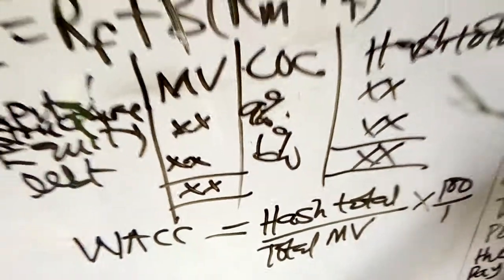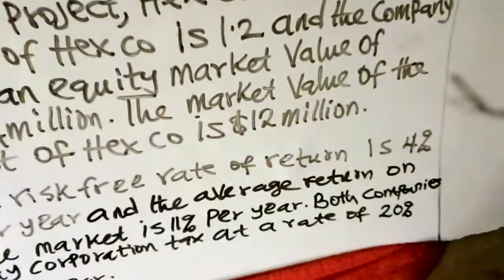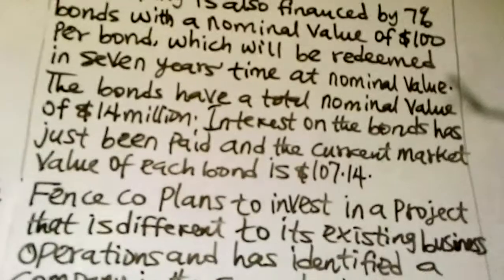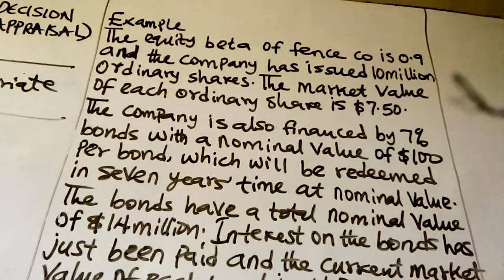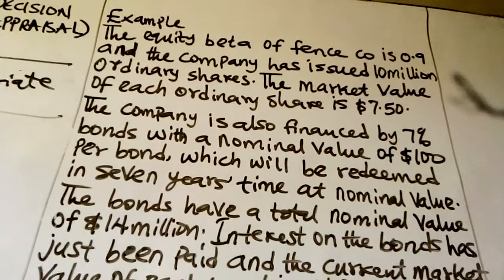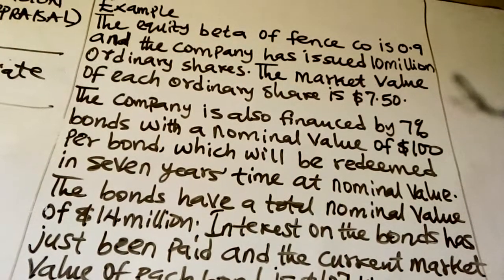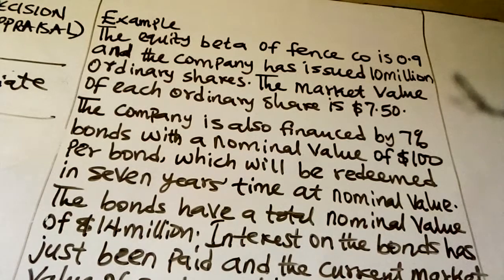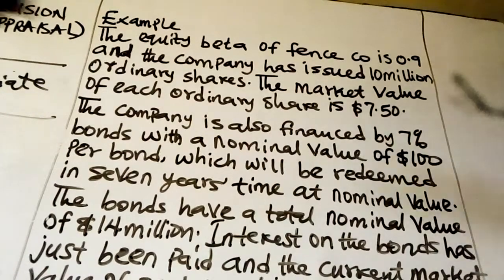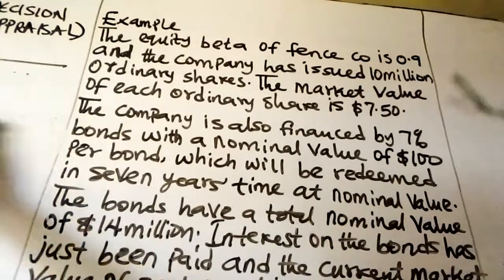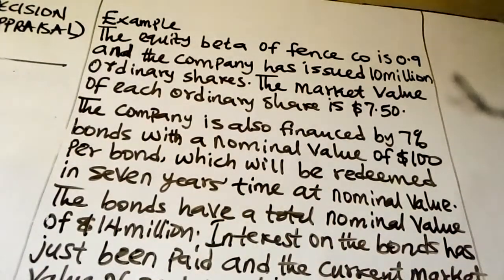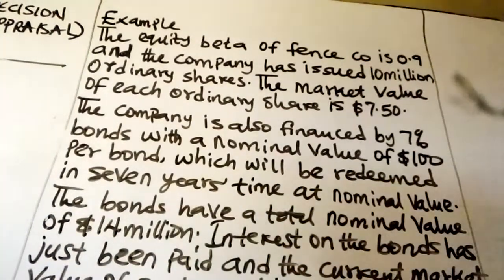So I want to solve a question as a worked example. This question is obtained from the Kaplan Practice and Revision Kit, ACCA Financial Management. You were told the equity beta of FENSCO is 0.9, and the company has issued 10 million ordinary shares.